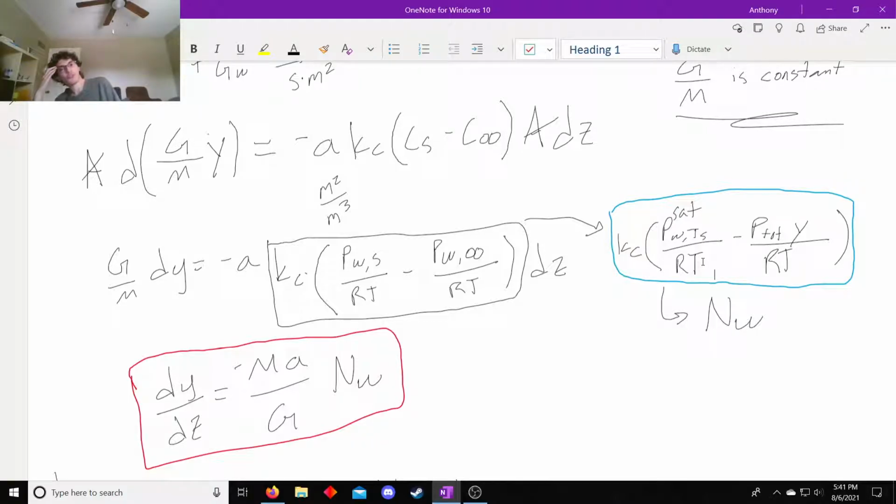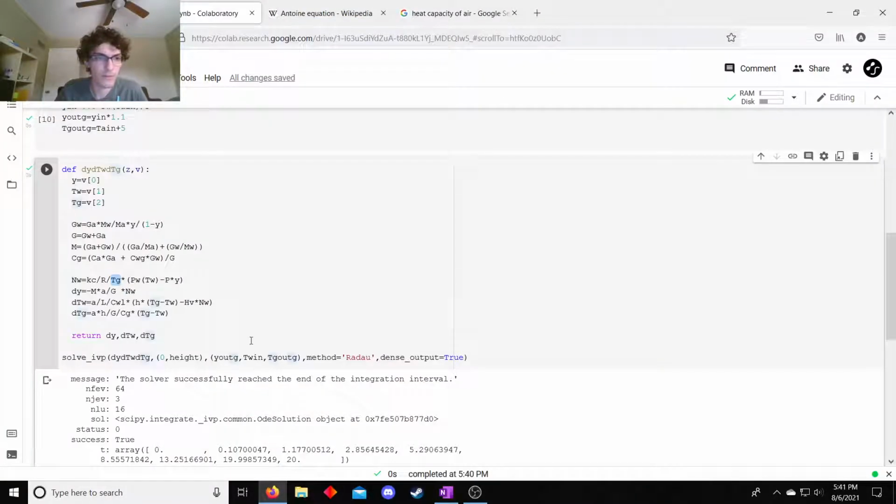That would be the temperature of the gas phase, because the temperature of the water would actually be included here, which we did correctly.